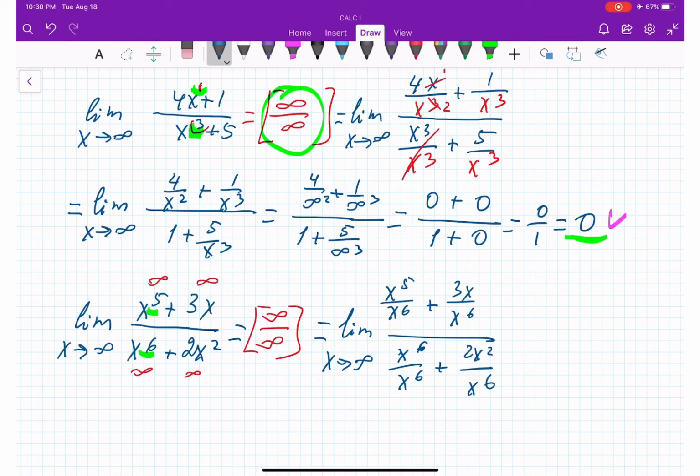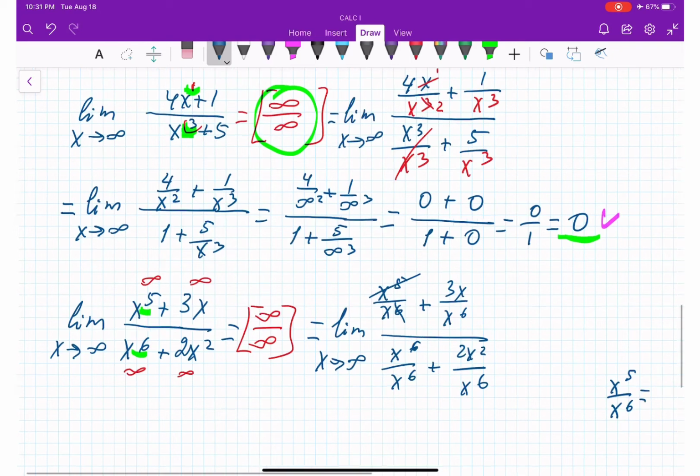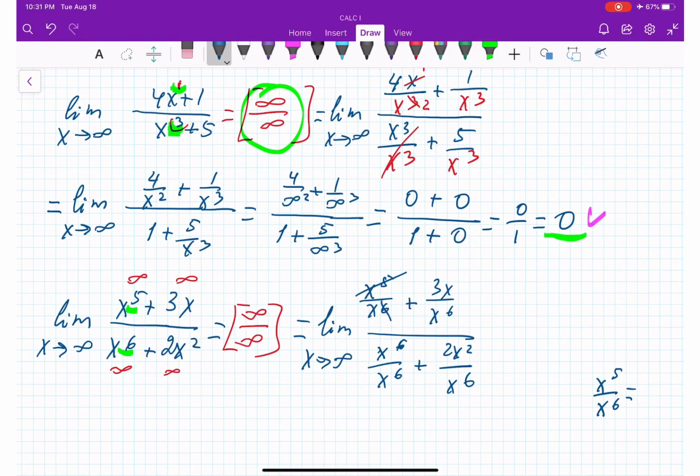So what do we get? x to the 5 divided by x to the 6: we need to subtract, right, and leave the exponent where the biggest one is. The biggest one is 6 at the bottom, so 6 minus 5 is 1, so I leave 1 over x.